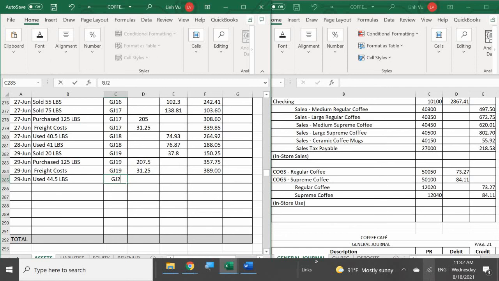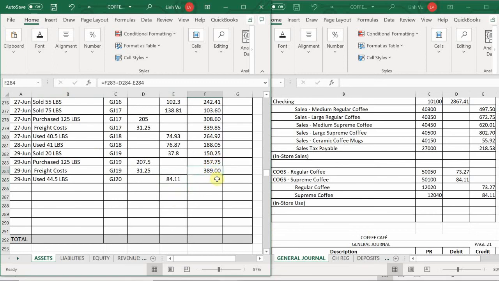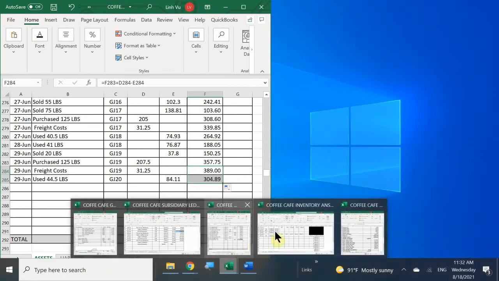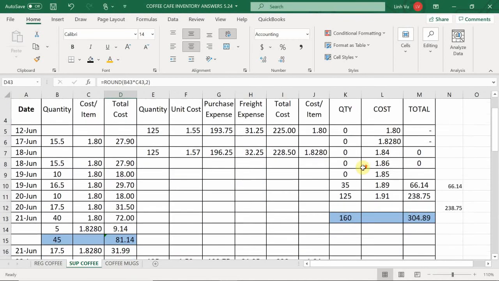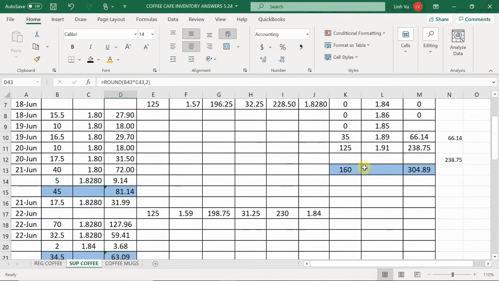General Journal 20 for a total of $84.11, which should bring my account balance to 304.89. So let's double check our inventory worksheet under Supreme Coffee. We should have a total of 304.89. Okay, because of that one split penny right there, that gave us our account balance of 304.89.